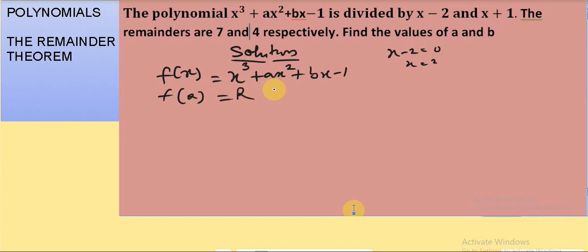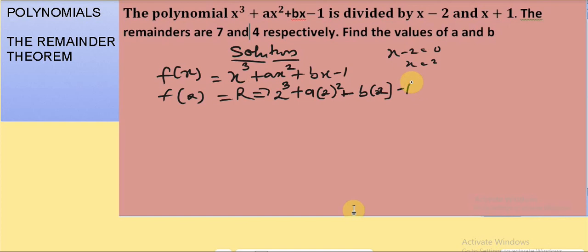Remember the remainder theorem. So in this case, I'm going to replace anywhere I see x in this polynomial expression with 2. So doing that, I'm going to have 2 cube plus a times 2 raised to the power of 2 plus b times 2 minus 1.